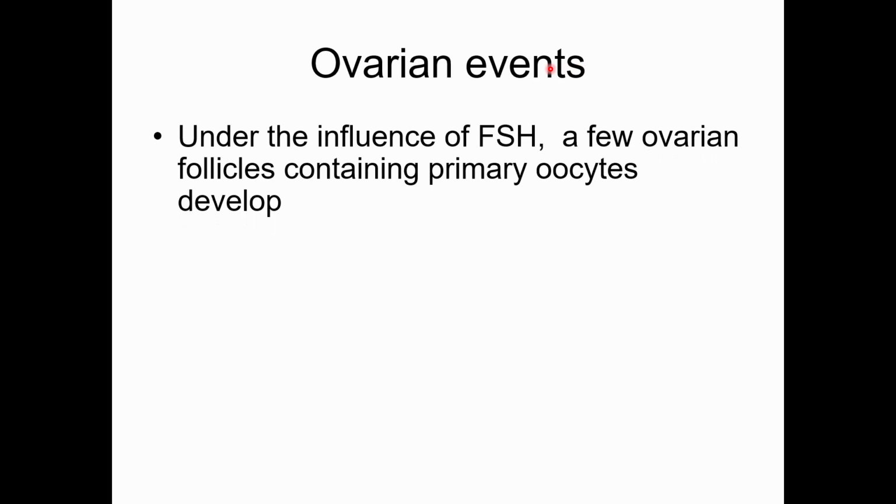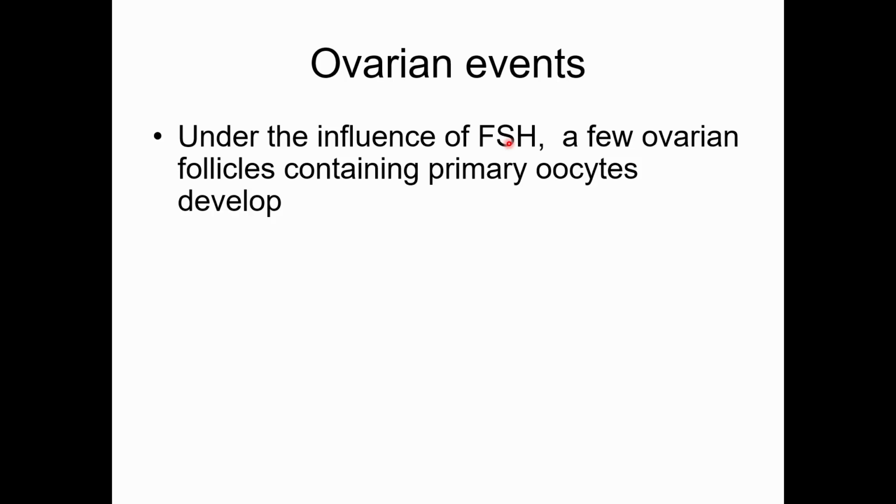So what happens in the ovary over the course of the menstrual cycle? The beginning of the cycle, FSH is high. FSH is high because estrogen and progesterone are low. So FSH stands for follicle stimulating hormone. It was named for the function it produces in females.